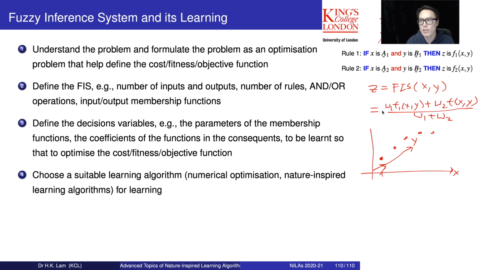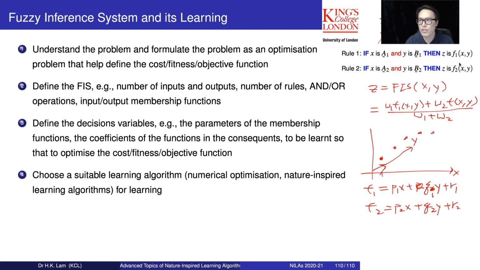Assume that f1 has parameters like p1 x plus q1 y plus r1, and then f2 is p2 x plus q2 y plus r2.